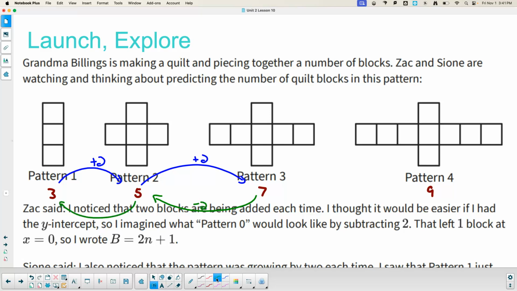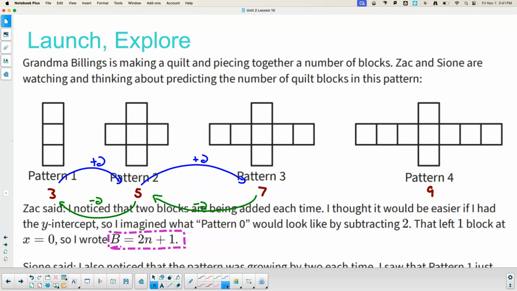So if we need pattern number 0, then we would have to subtract 2 from 3. And so he said that there is 1 block at pattern number 0. So he wrote down this equation right here as his equation for the number of blocks in this pattern.